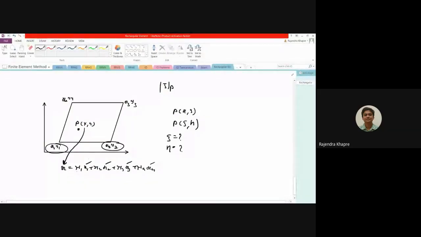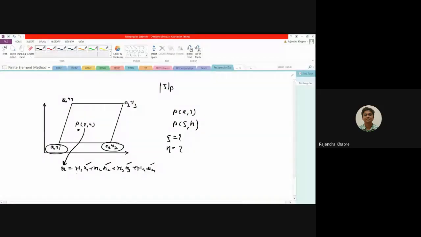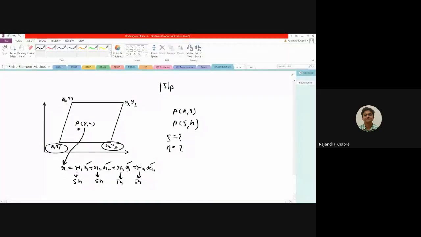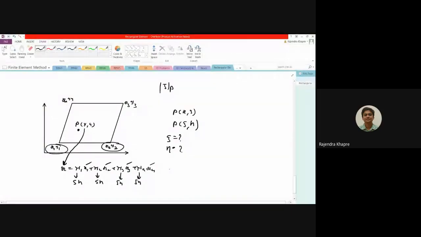We don't know the value of n1. The n1 value depends on either xi or eta or both. n2 is also either xi or eta or both, and the same with the others. So basically you have one expression with two unknowns.